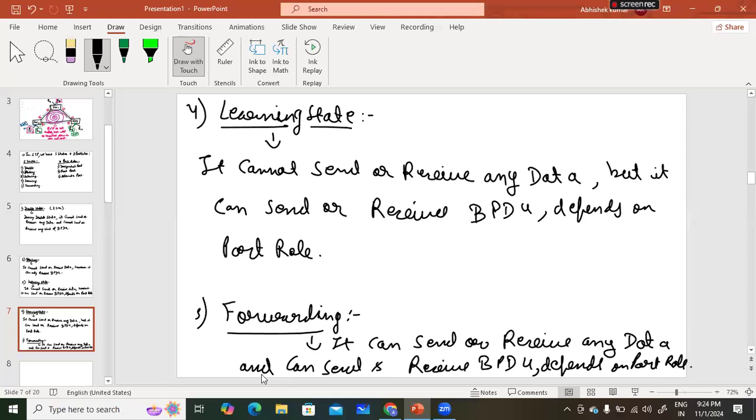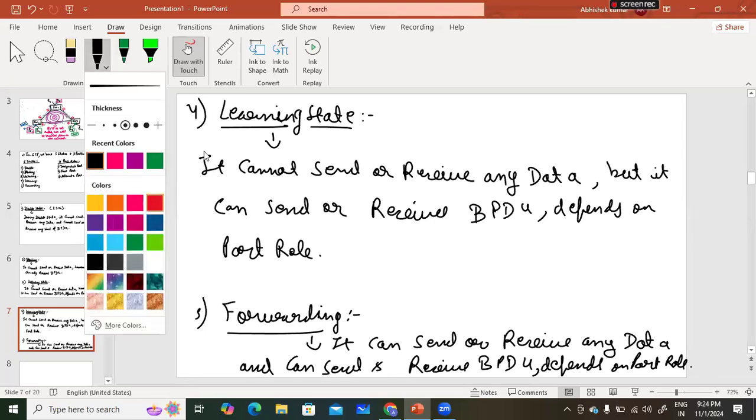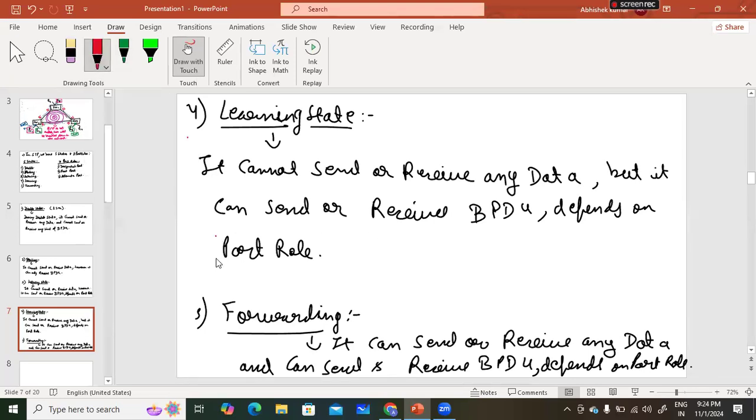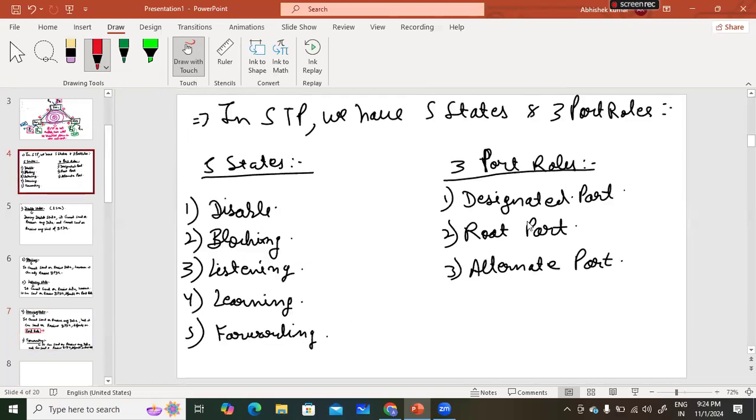Why am I stressing on this word port role? Because whenever you see a statement like this depends upon port role, it means that I have just discussed that there are 3 types of port role. One is designated port, one is root port, and another one is your alternate. So just try to figure it out.